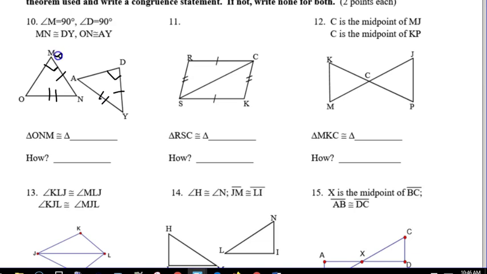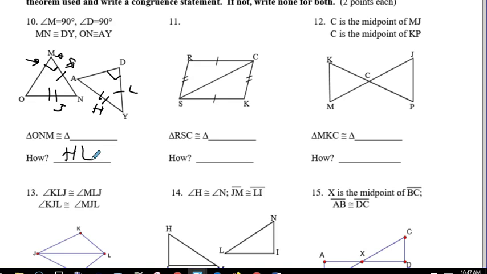So that's angle, side, side. Oops. We don't do angle, side, side. But wait. It's a 90-degree angle, isn't it? So even though ASS doesn't work, we do have an H and an L. So it does work. Remember, ASS does not work unless you have a right angle, and then HL does work.